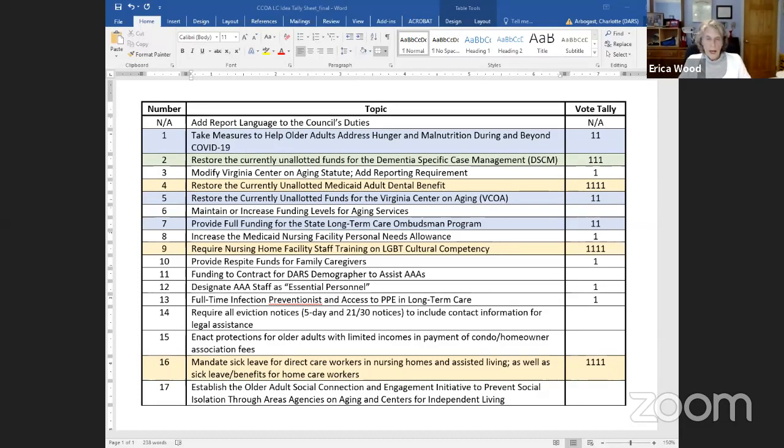Okay, let's move then to item number 9, and that's required nursing home facility staff training on LGBT cultural competency issues. We had a great deal of discussion on this item during the past year, and the full council did pass it as part of the 2020 policy platform. We spent time looking at residents' rights and at staff training requirements related to residents' rights, and requirements for staff training for nurse aides.